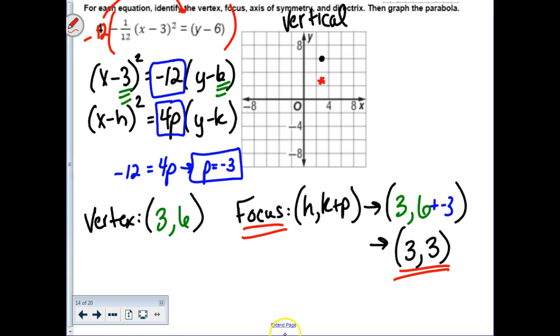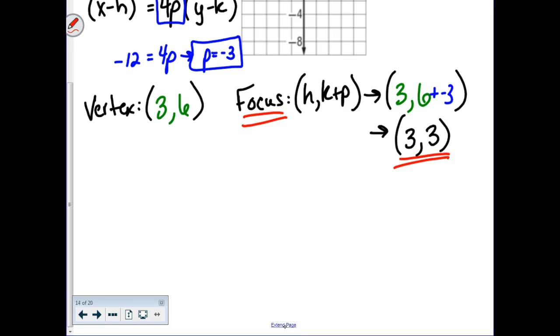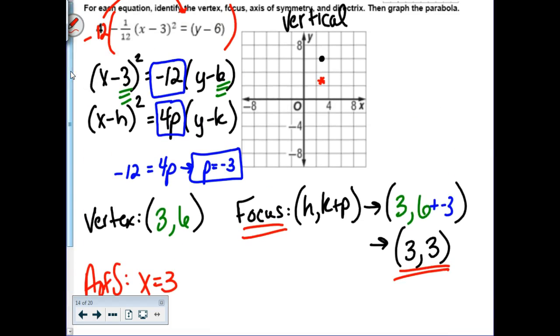Calculate a few more things for me. I need axis of symmetry, which is going to be x equals h, so x equals 3. Totally.